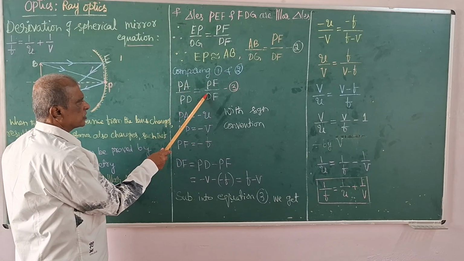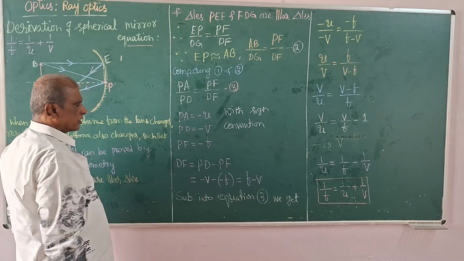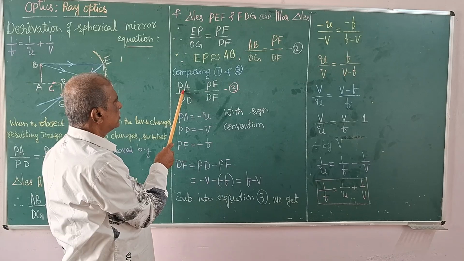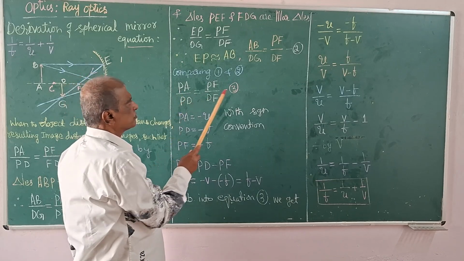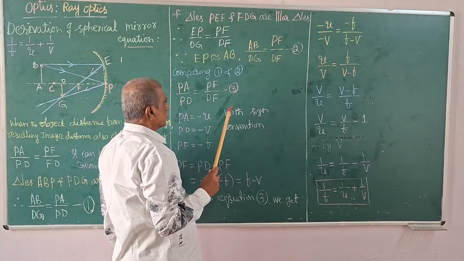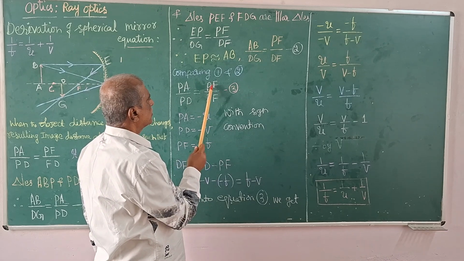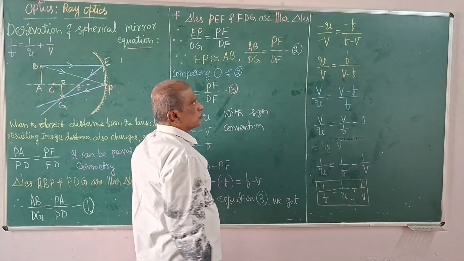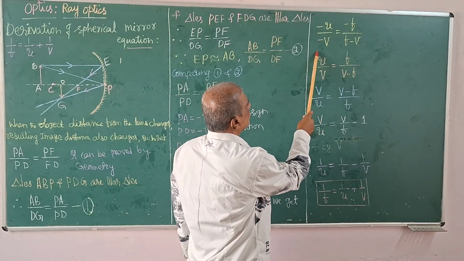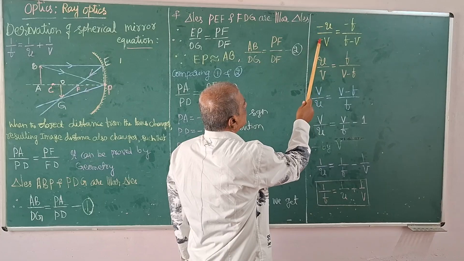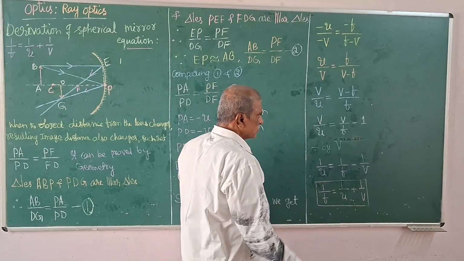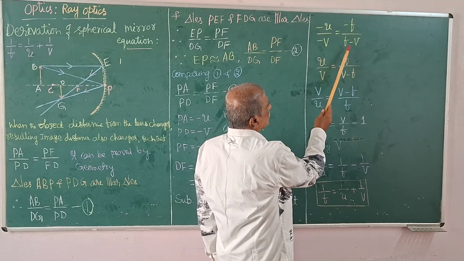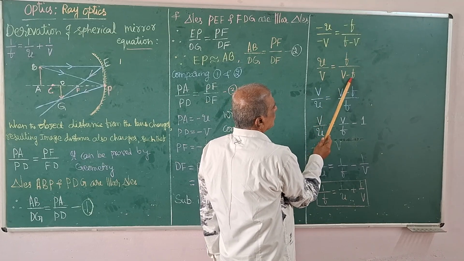Substitute them into equation 3 and simplify. Substitution gives minus u over minus v equals minus f divided by DF, which is f minus v. And simplify the equation. Minus cancels with this minus. Taking out minus as a common factor, we interchange to v minus f.